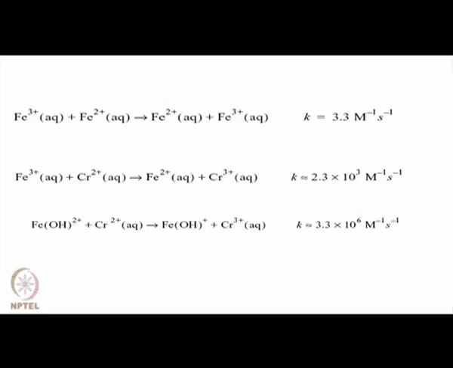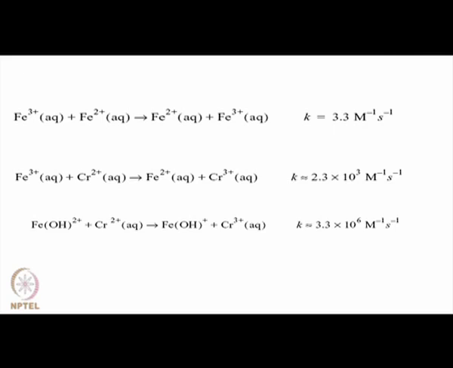Okay. Typical examples: the ferrous ferric case, ferric aqueous plus ferrous aqueous giving rise to ferrous aqueous plus ferric aqueous. It is an electron transfer between ferrous and ferric. It is 3.3 mole inverse second inverse.